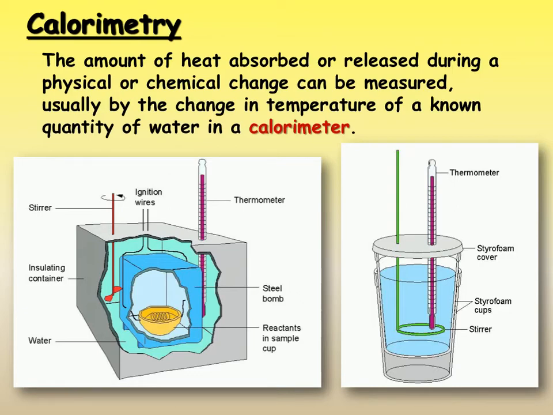So you can make some very simple calorimeters just using a styrofoam cup and another cup, or there can be more complicated ones with wires and stirrers, and the precision you need dictates what kind of situation you would use this in. Okay? For the moment I would just understand that a calorimeter is going to have, generally speaking, water surrounding whatever is going to be reacting, and then we use a thermometer to measure the change in heat in the water, because that's coming from the reaction that's taking place.